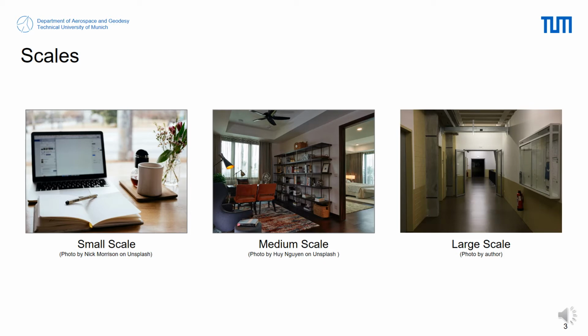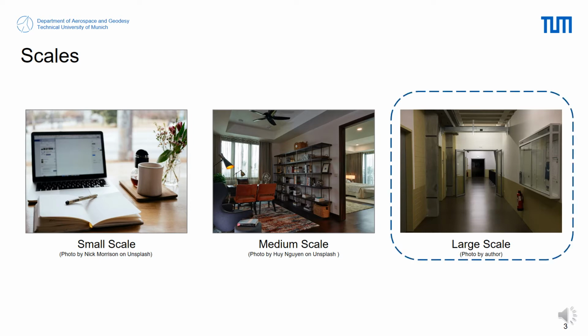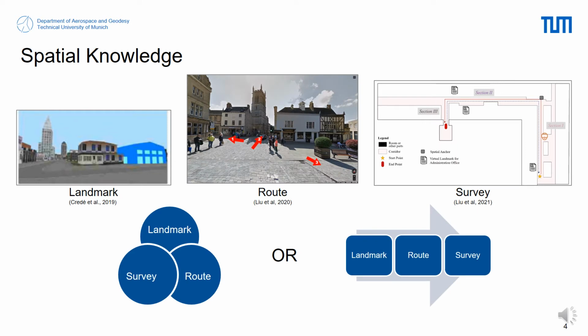So space can be divided into small scale, medium scale, or large scale space. And in this work, we are talking about the large scale or geospace scale. In the geospace, spatial knowledge is divided into three categories: the landmark, the route, and the survey knowledge.